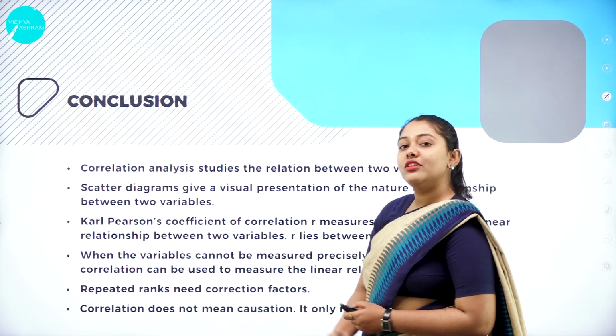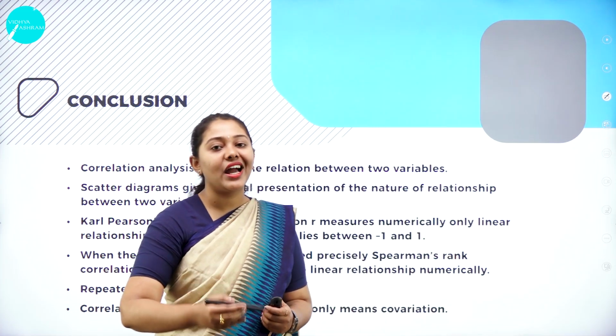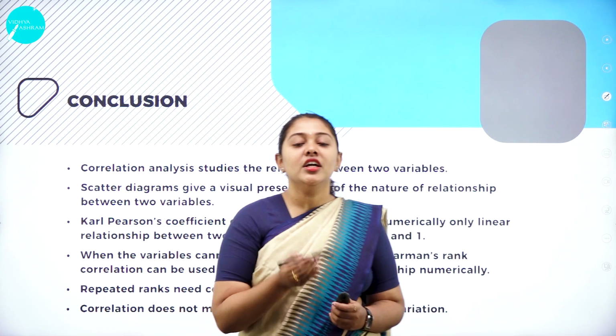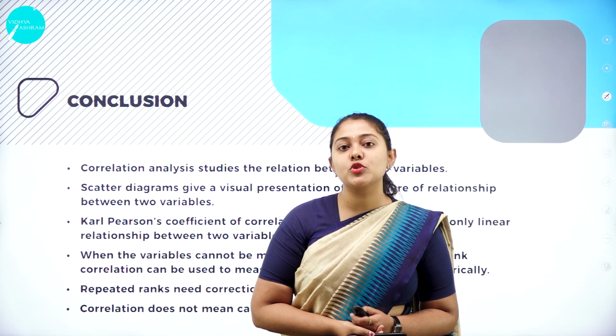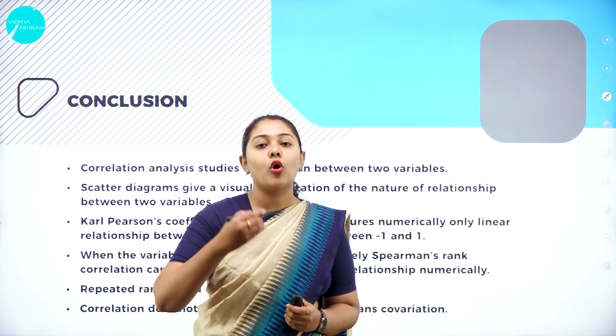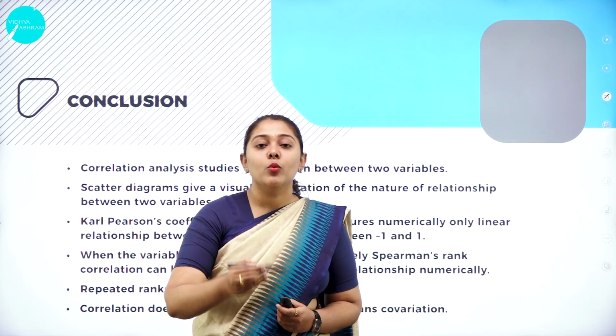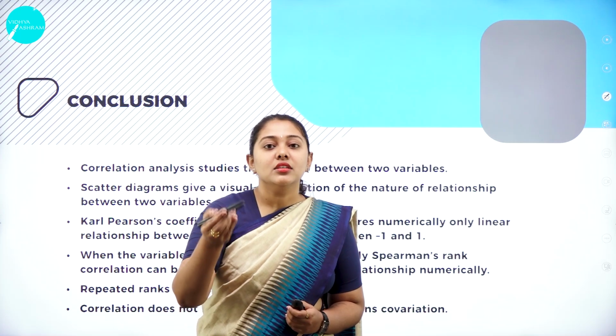So, the conclusion for this chapter. We have studied the scatter diagram. Correlation explains the relationship between 2 or more variables. In order to check the relationship between 2 or more variables, we have a unit called correlation.